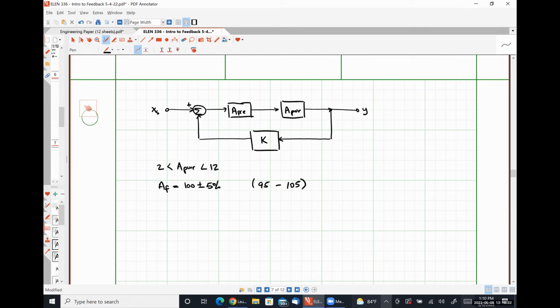And what we need to determine is the gain of the preamp and the feedback factor that must be applied in order to meet this constraint.